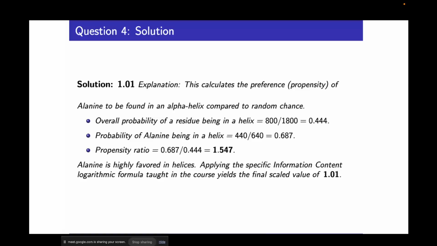No, no, no, sir. What I have done is that I have divided 800 by 1000, and then I have divided 1000 by 1800, and then I took the division of 0.44 and 0.55. Then I divided 440 by 640 and 200 by 640, and then divided the results of these two, and then took a log of these and added them.